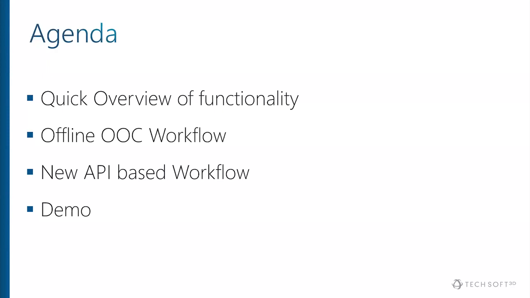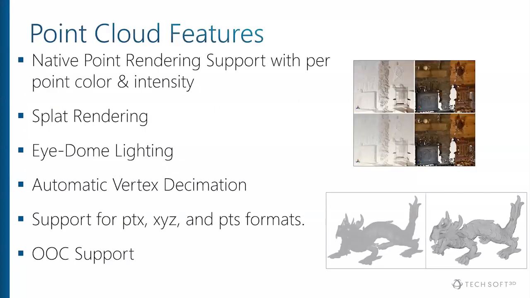Okay, so point cloud features. In general, even before Hoops, we supported out of core point clouds. Hoops could always visualize point cloud data, and over time we have also implemented some features that are generically useful for displaying point cloud data.